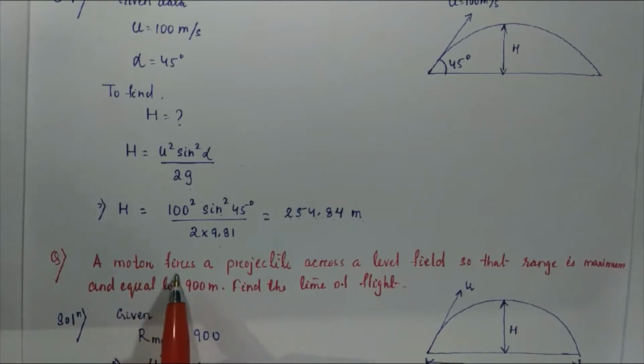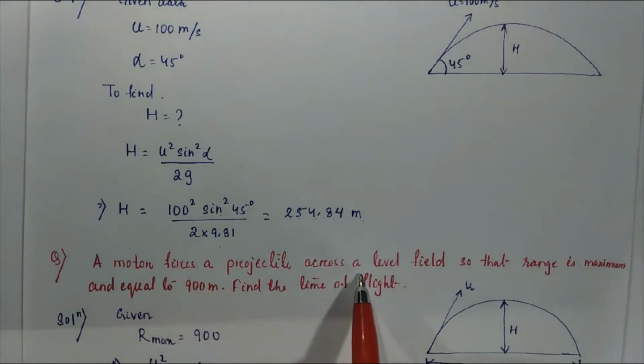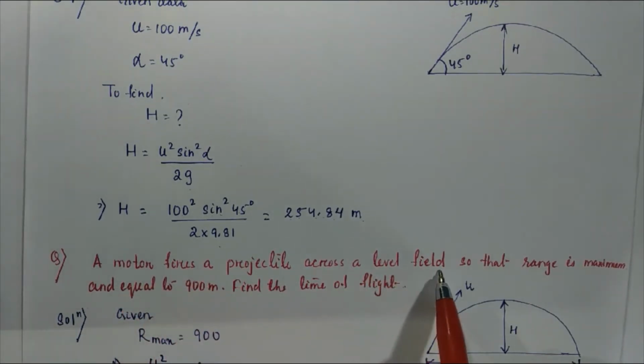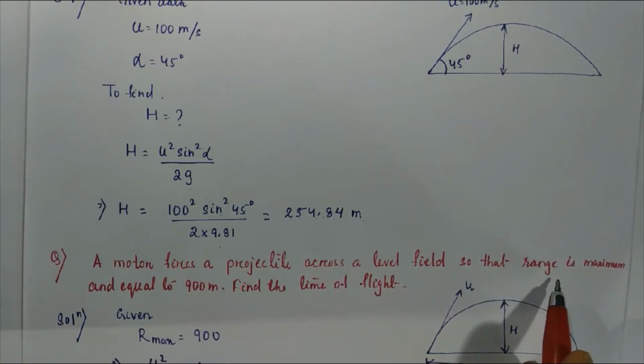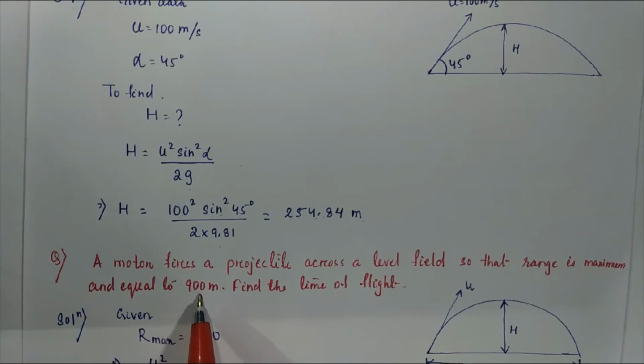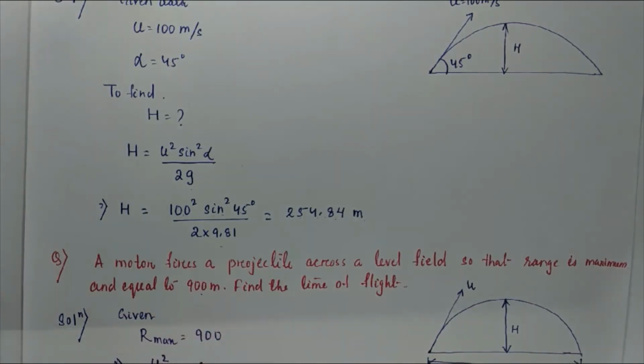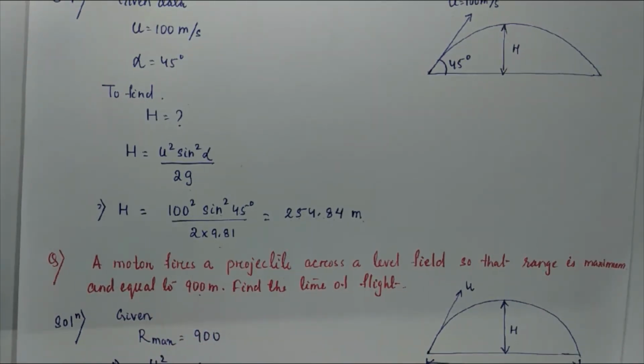A motor fires a projectile across a level field so that the range is maximum and equal to 900 meter. Find the time of flight. So in this question, what is the given data?